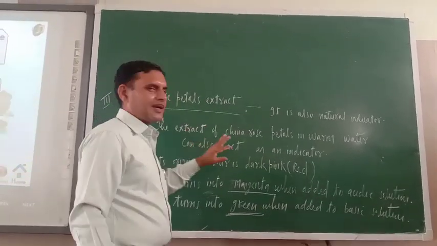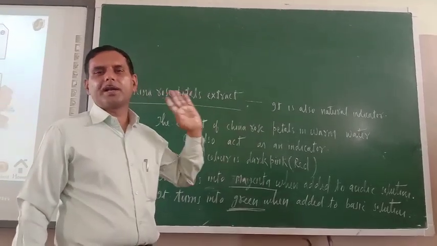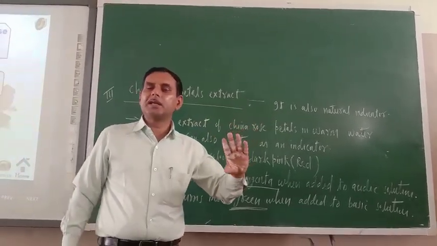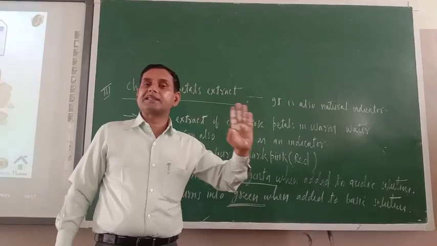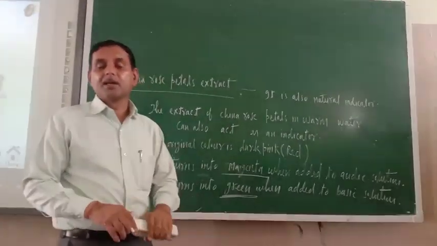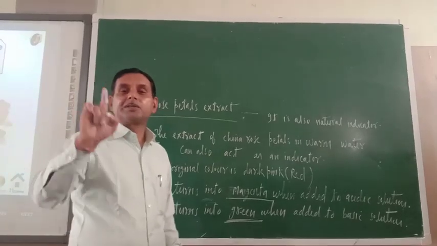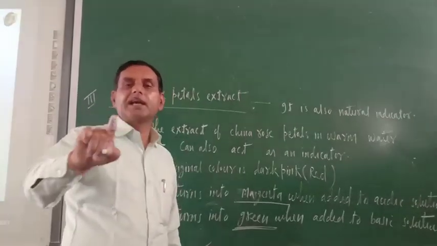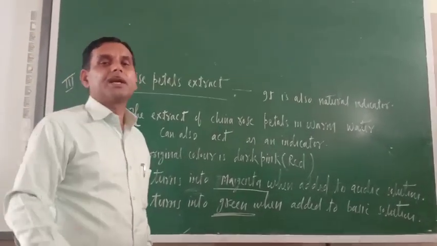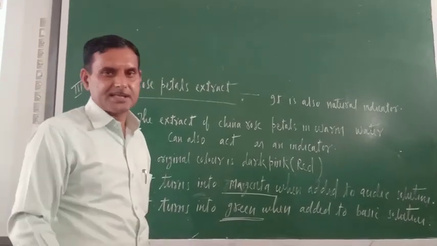So China rose petals is a very good natural indicator. Very easily we can distinguish between acidic and basic substances. Why? Because this is an indicator which produces different colors in acidic and basic media.